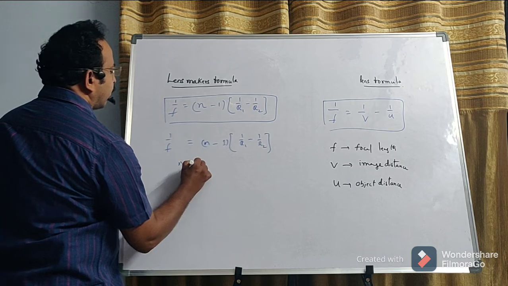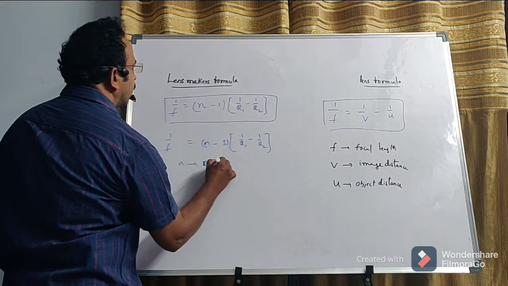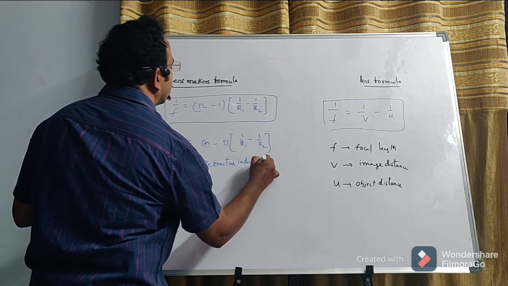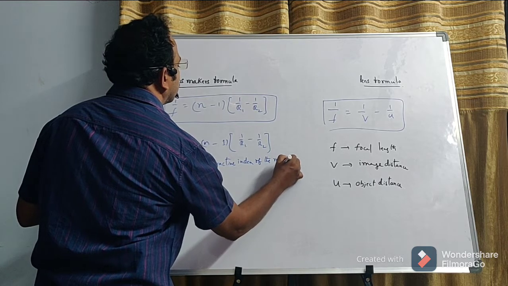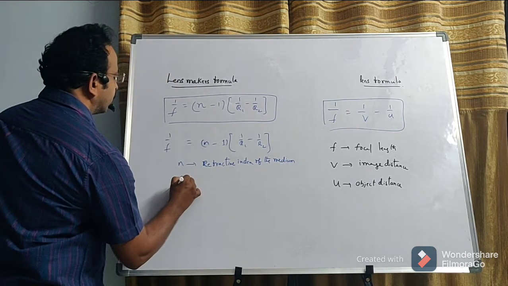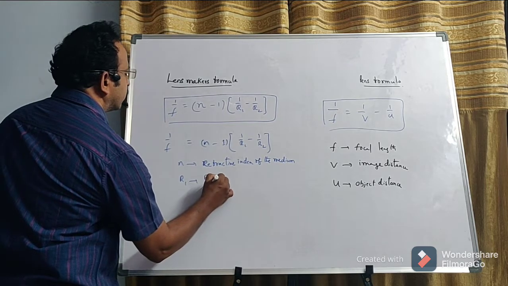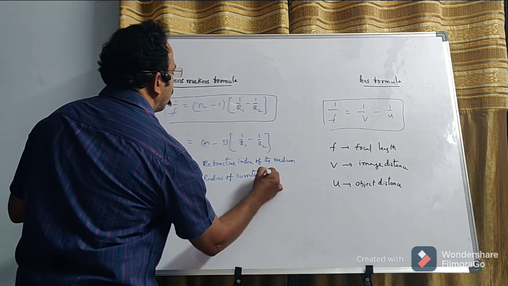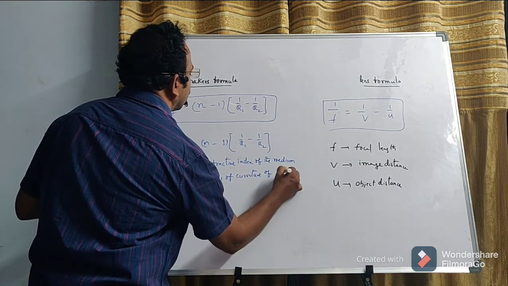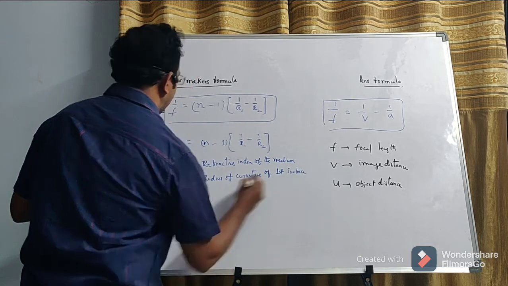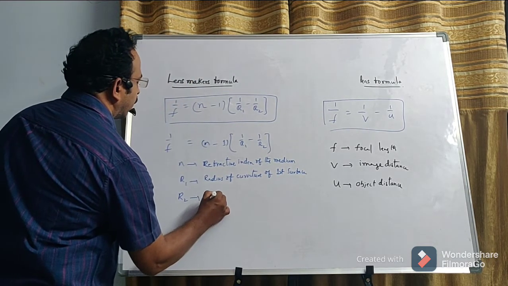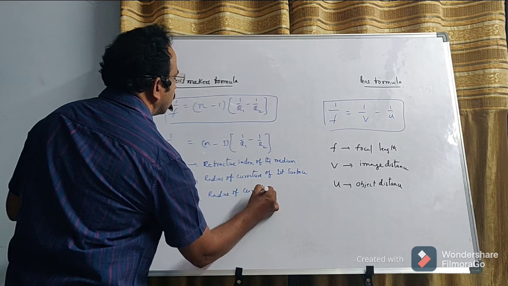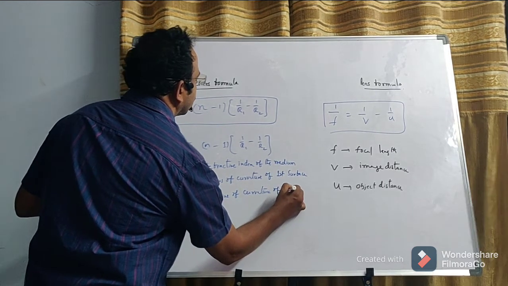Here n means the refractive index of the medium, which is very important. r1 means the radius of curvature of the first surface, and r2 means the radius of curvature of the second surface.